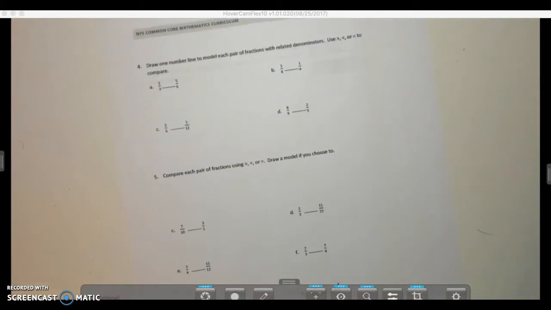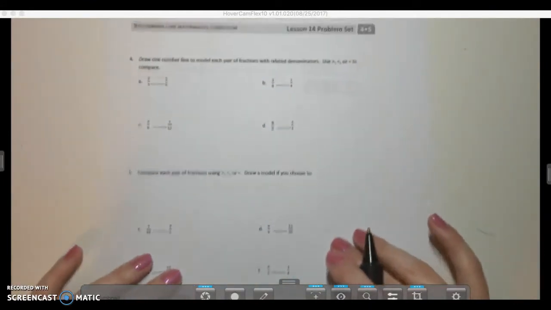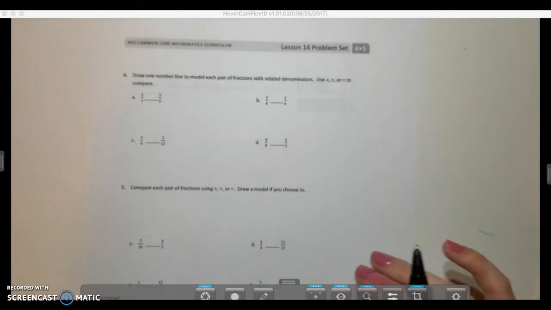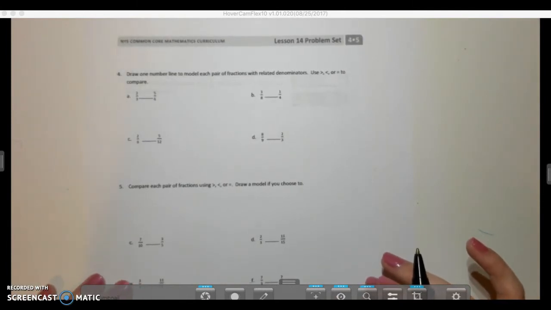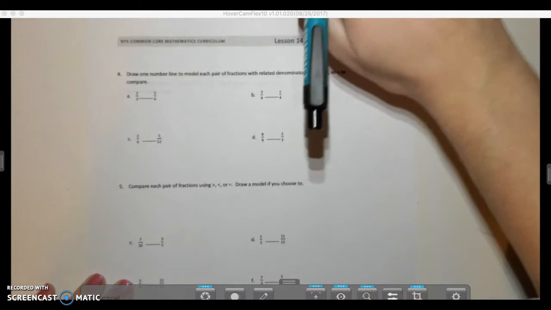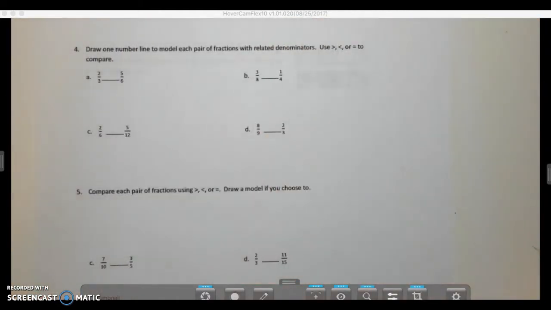Okay, our next page. Draw one number line to model each pair of fractions with related denominators. Use greater than, less than, or equal to. So I'll draw my first number line.